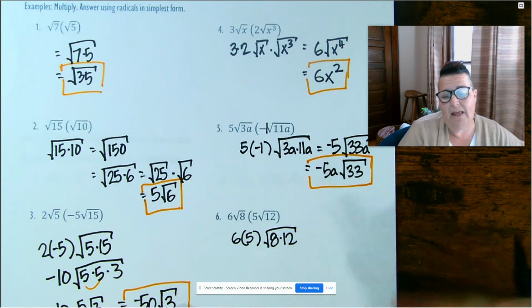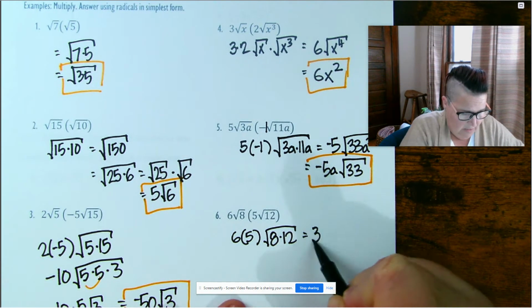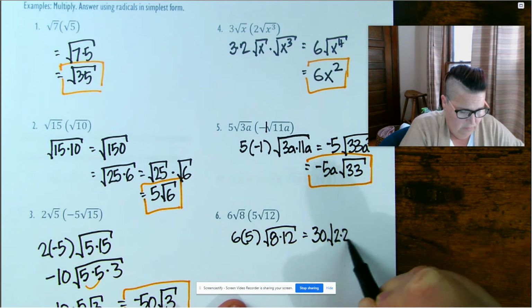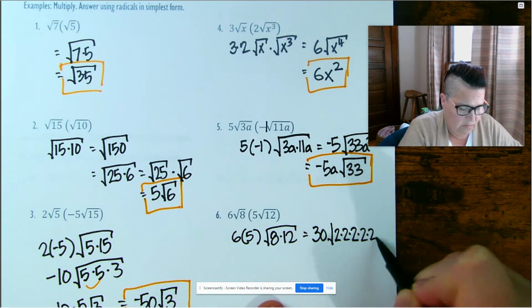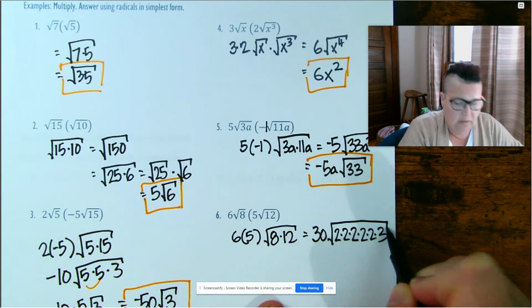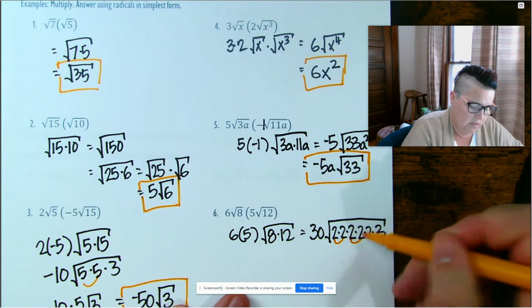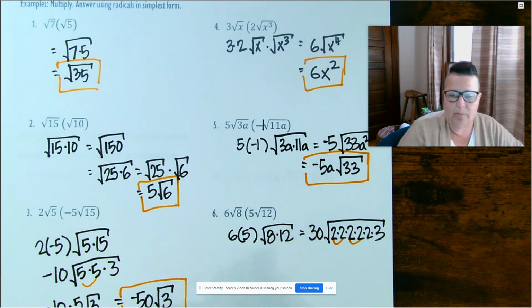Now, since I already have the factors here, this is going to give me 30. 8 is 2 times 2 times 2. 12 is 2 times 2 times 3. Using my prime factorization method, I have 1 pair of 2's, 2 pair of 2's, and the 2 times 3 does not have a pair.